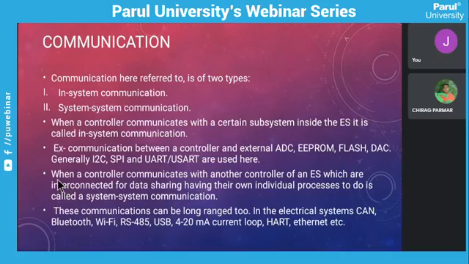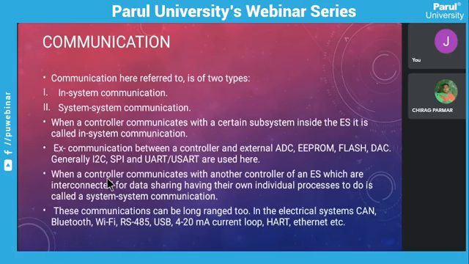Now, when a controller communicates with another controller of an embedded system, which are interconnected for data sharing, each having their own individual processes to do, it is called system-to-system communication. So when we talk about two embedded systems communicating with each other, we are talking about system-to-system communication.